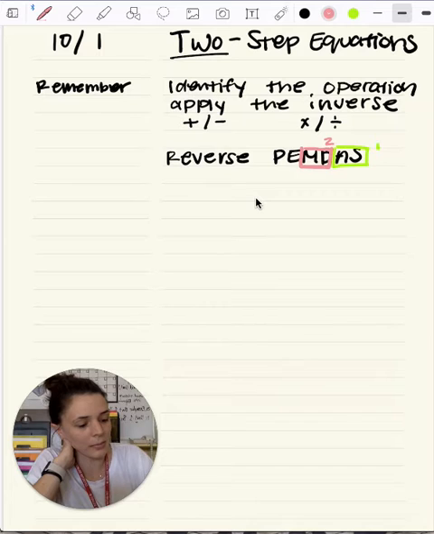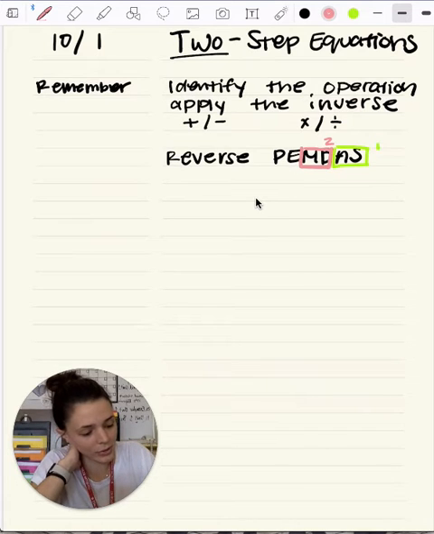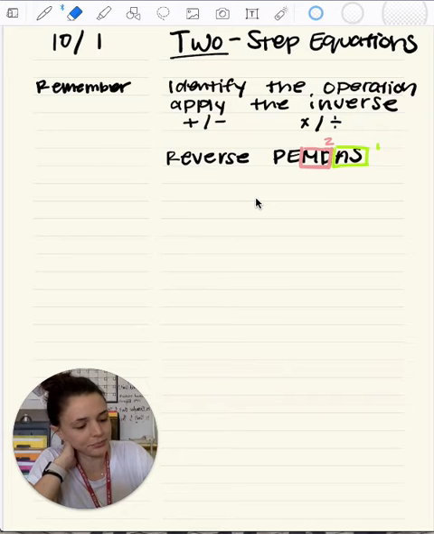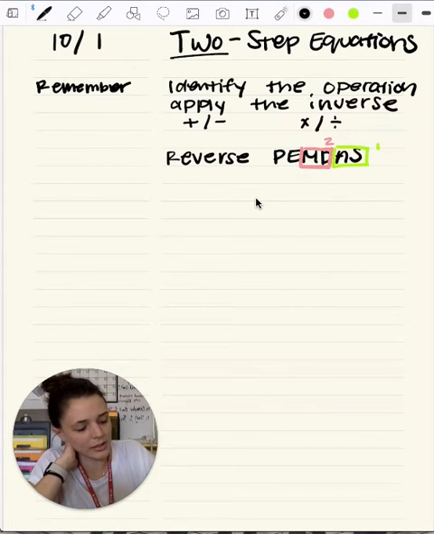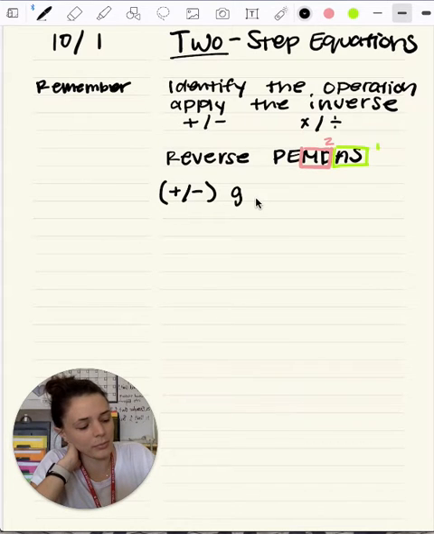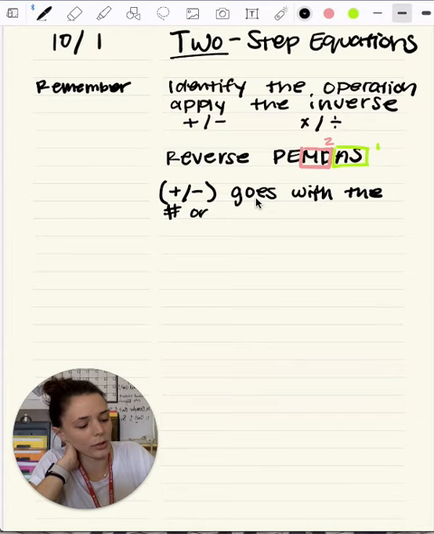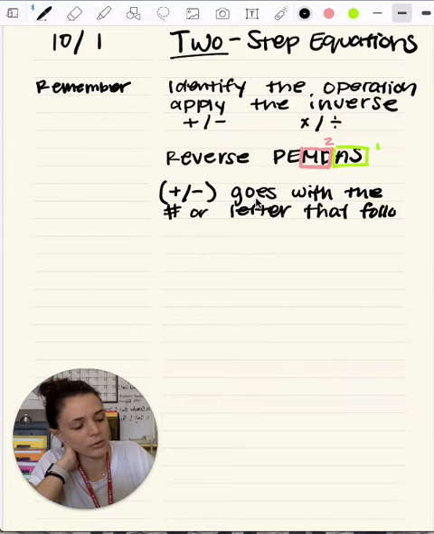Okay, the other notes that we talked about were that the sign, so let's say there's a plus or minus sign in your equation, it goes with the number or letter that follows.